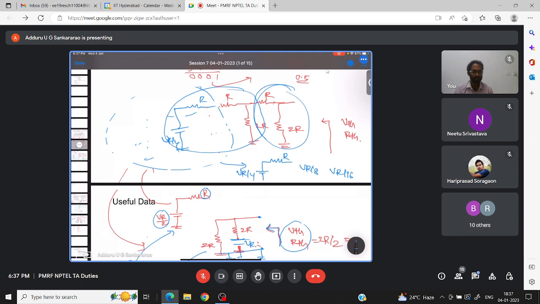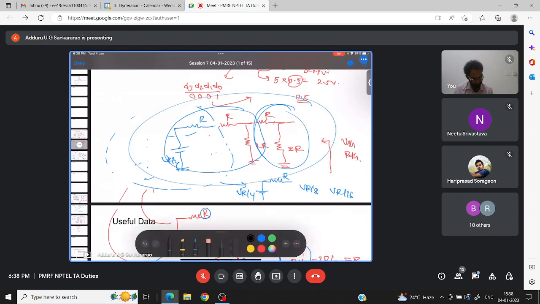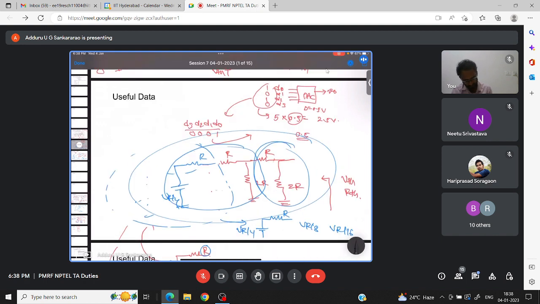Do you agree? How many ladders are there based on that? First ladder VR by 2, second ladder VR by 4, third ladder VR by 8, fourth ladder VR by 16. Got it? That means this entire circuit I will replace with what? I can replace this entire circuit with VR by 16 and a R. Okay, based on number of ladders. If one more ladder is there, VR by 32, one more ladder is there, VR by 64. Is that okay?